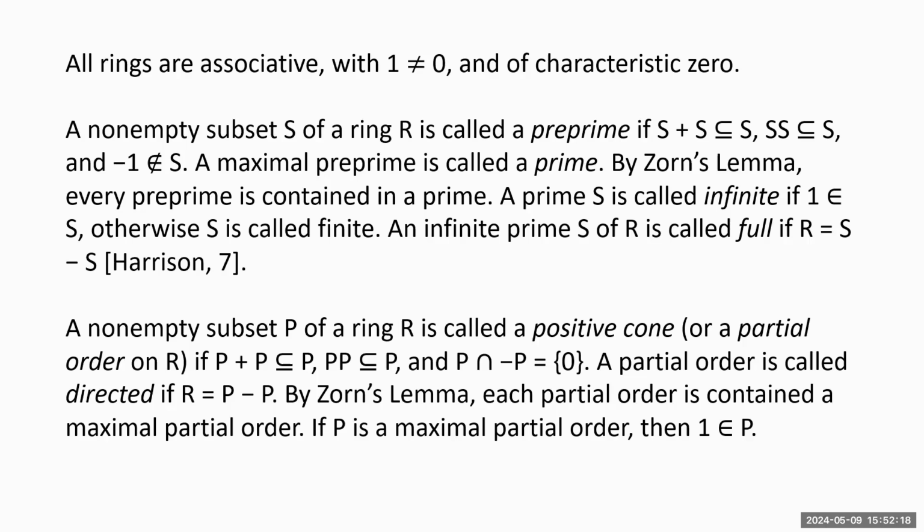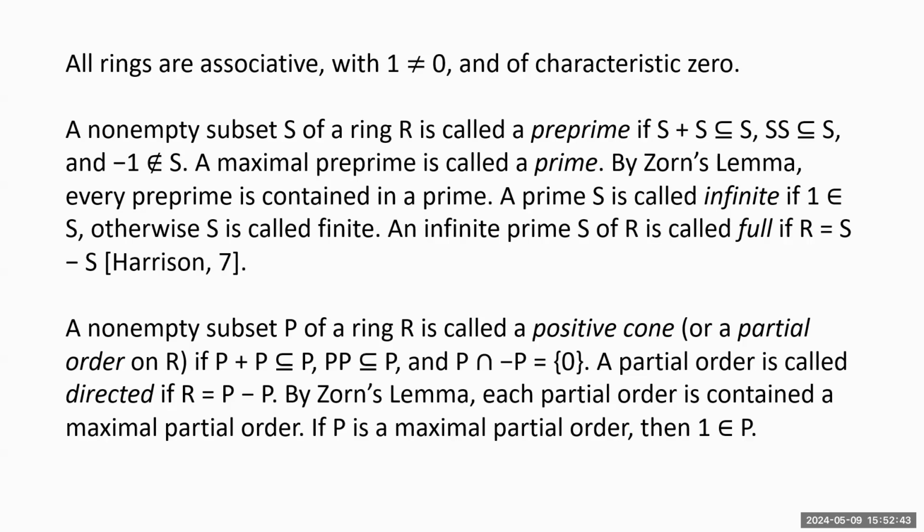A prime S is called infinite if 1 is in S, otherwise S is called finite. An infinite prime S of R is called full if R is equal to S minus S. So S minus S will be the subring generated by S. This definition was given by Harrison around 1966.